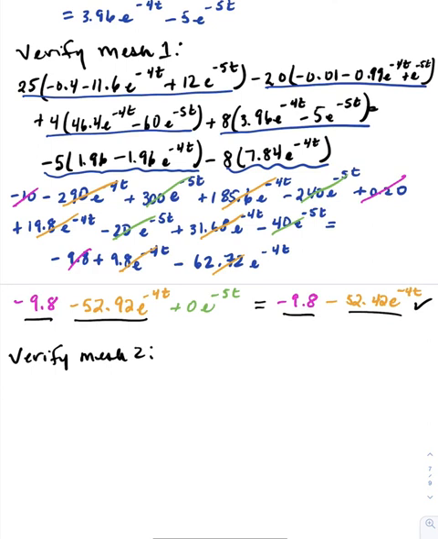All right, so we have minus 20 I1, which is minus 0.4 minus 11.6 e to the minus 4t plus 8.